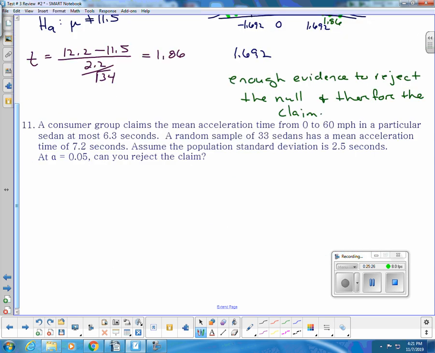All right. A consumer group claims the mean acceleration from 0 to 60 is at most 6.3. So they're saying less than or equal to 6.3. So the null is less than or equal to, because it's got the inequality, that is the claim. And the alternate is it's greater than 6.3.